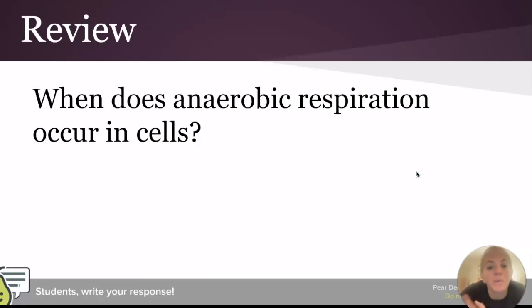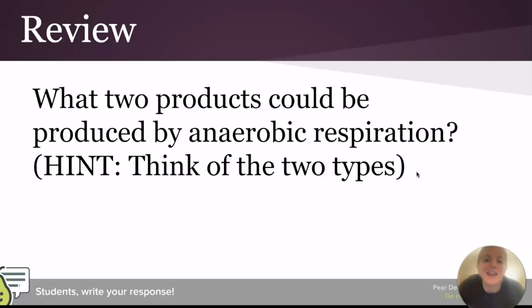So to review, when does anaerobic respiration occur in cells? If you guessed when there's no oxygen available, you're right. Think about what 2 products could be produced by anaerobic respiration. And if you need help with this, think of the 2 titles or types of anaerobic respiration. Exactly.